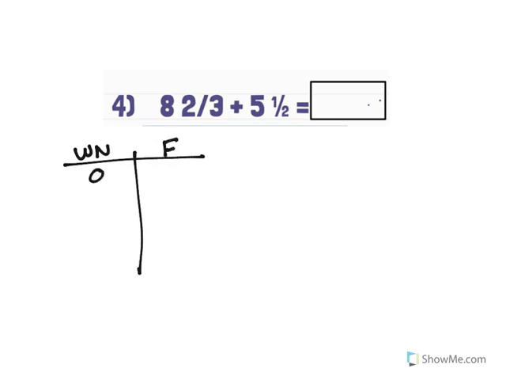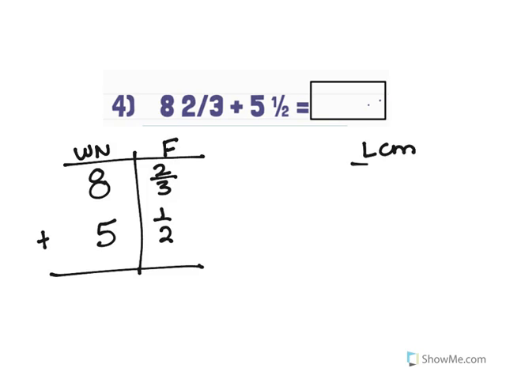We have 8 2/3 as our first addend, plus 5 1/2 as our second addend. First thing you have to do is check those denominators. They're different. So you're going to find the LCM of 3 and 2 to convert your fractions to have a common denominator. I'm going to pause and stop the video here. I want you to try this one on your own.